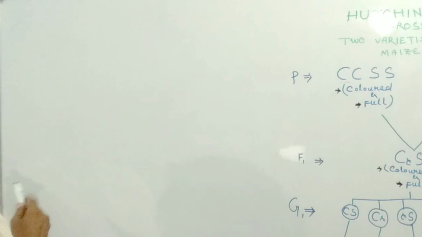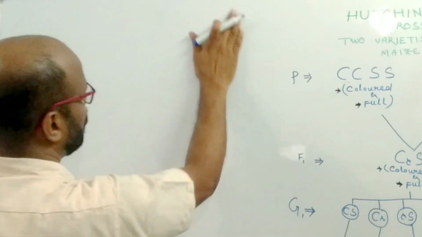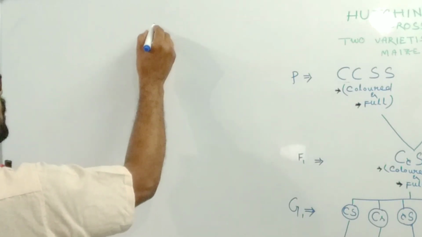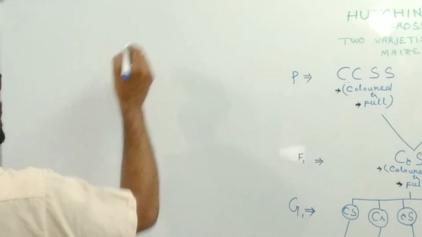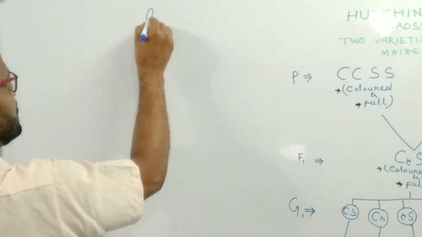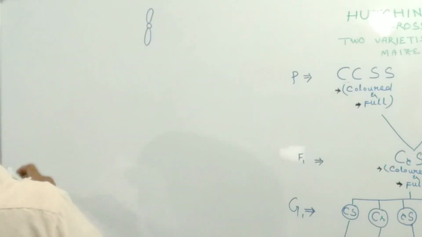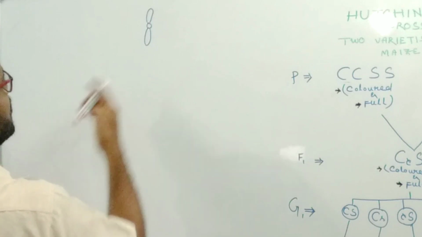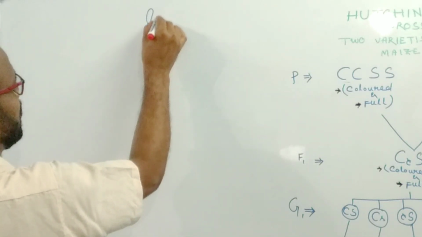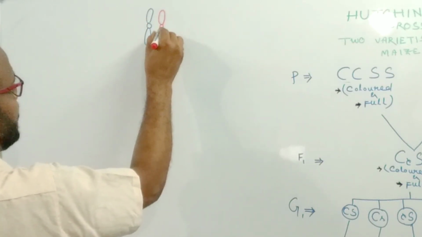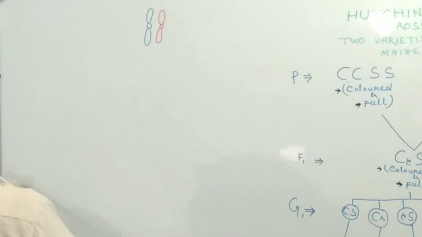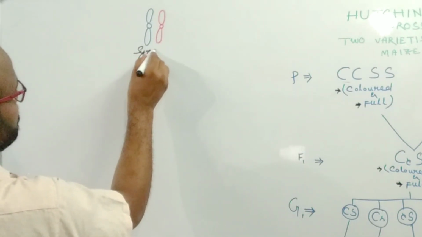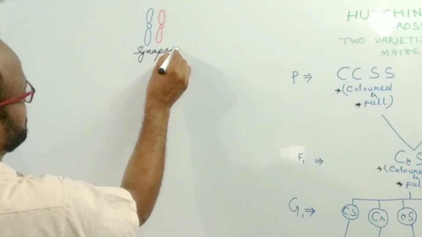At this time there is pairing of homologous chromosomes. One chromosome comes from father and another comes from mother, and they pair. The process of pairing is known as synapsis.